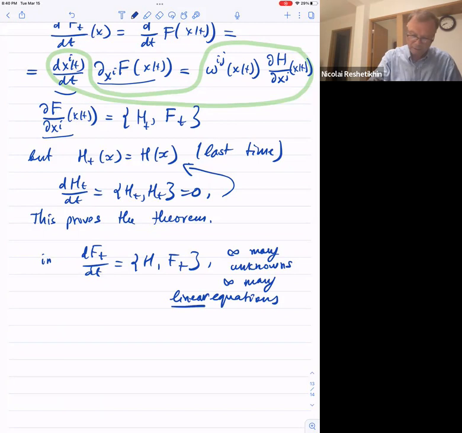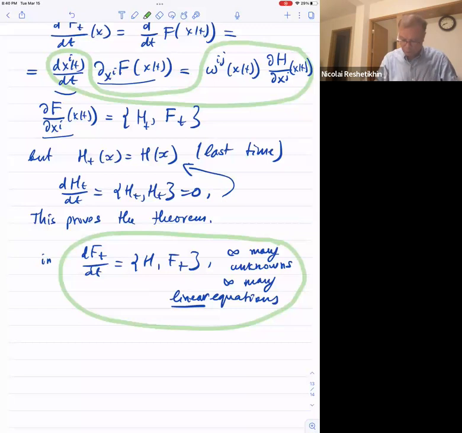So the kind of dichotomy between the evolution of observables and the dynamical system itself is that we linearized these finitely many nonlinear differential equations. We linearize them at the price that we have infinitely many equations and infinitely many unknowns. And some people say that quantum mechanics is easier than classical mechanics because it's about linear differential equations.